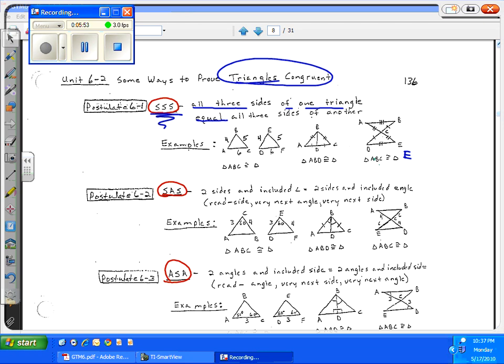B was next. B is opposite the side with two marks. So we come over here and find the side with two marks. The angle opposite it is D, so B must be equal to D, so D goes in the middle.